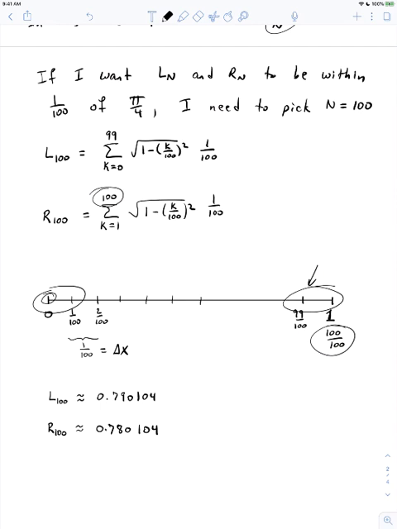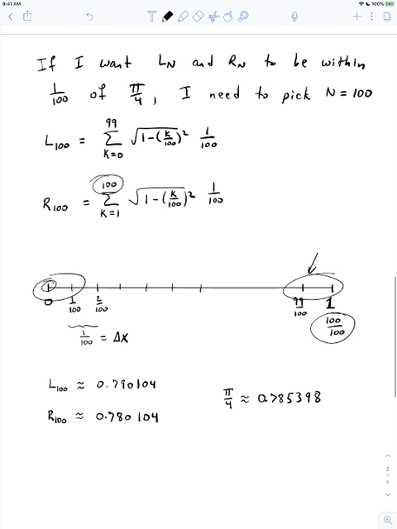Now the actual value of pi over 4, well, I don't know the actual value, but I can approximate that using a computer as well, and I get something like 0.785398. So you can see that L100 is just slightly bigger, and R100 is just slightly smaller. Now in this particular case, because I have a decreasing function, I know that the left sums are always bigger and the right sums are always smaller.